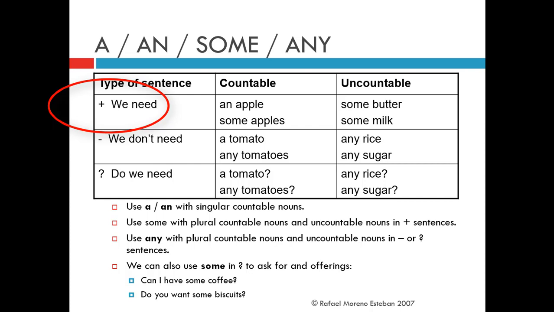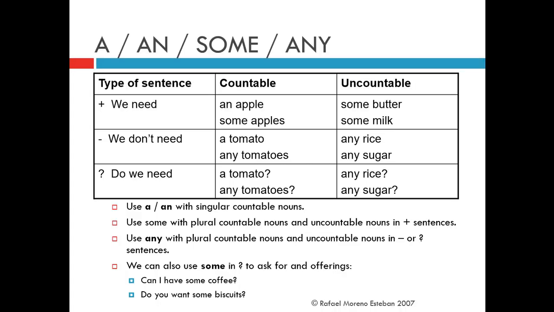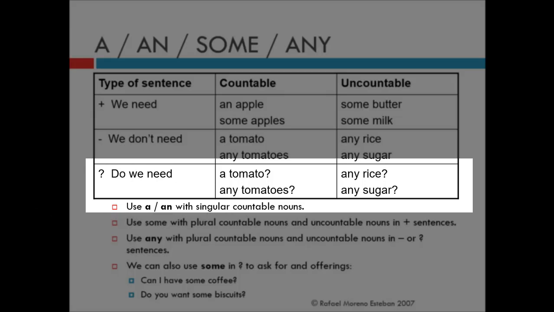With the negative one, in the second layer, you say we don't need a tomato or we don't need any tomatoes. You use the word any. Okay, with an uncountable noun, you use any for all words. Any rice, any sugar. Okay, with a question expression, we have, do we need a tomato or do we need any tomatoes?